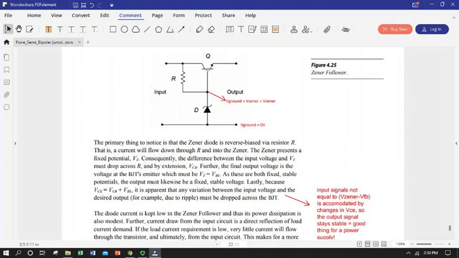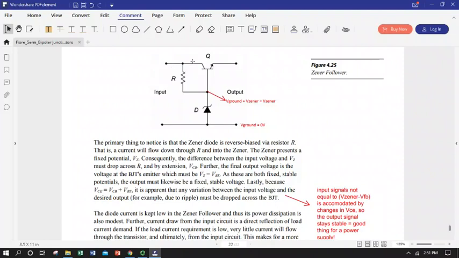IC equals beta times IB. But we can construct a circuit such that our collector current doesn't ever reach its full potential of what the transistor could supply by beta, by having other resistors and supplies that effectively limit that.